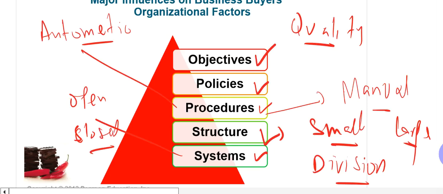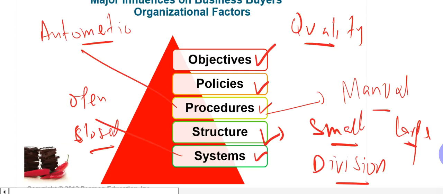So in this slide, we have studied two different factors which influence the decisions of the organization. Number one, environmental factors, and in environmental factors we studied demand, competition, the economic situation of the country, culture and other aspects.